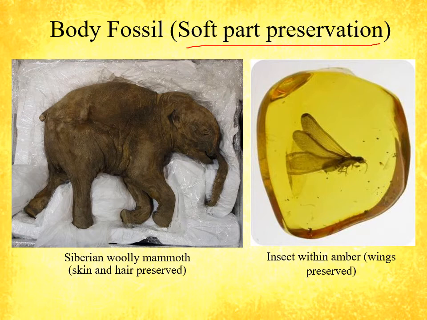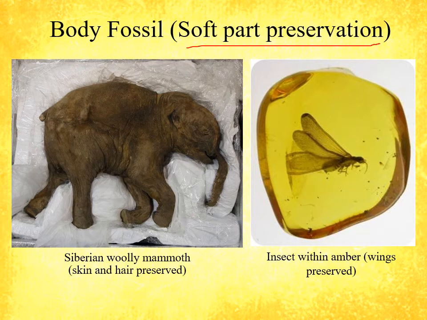As it was trapped within the glacier, the decomposing bacteria could not approach this dead body, and due to that all the soft tissues, with the skin of the mammoth and the hairs, are all preserved with this woolly mammoth. Another thing is amber, that is the resin from certain plants. Within this amber, certain kinds of flies or insects are trapped. So it becomes a closed system in which external effects cannot affect this dead body.